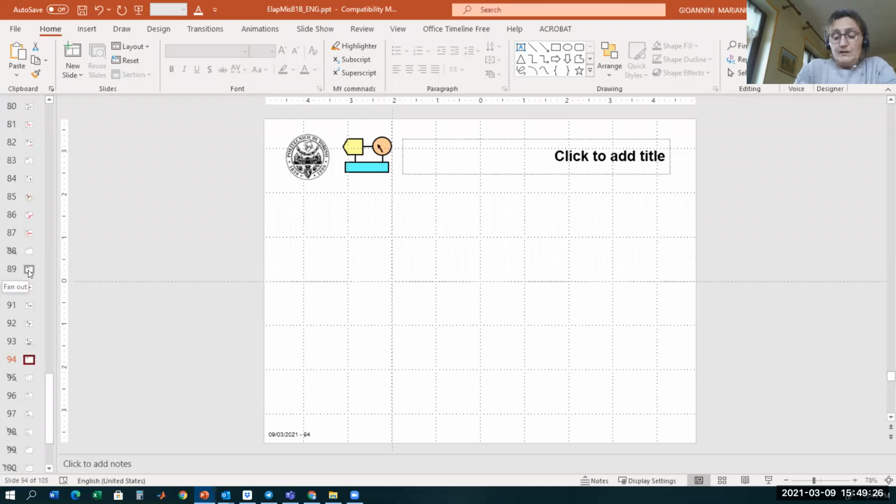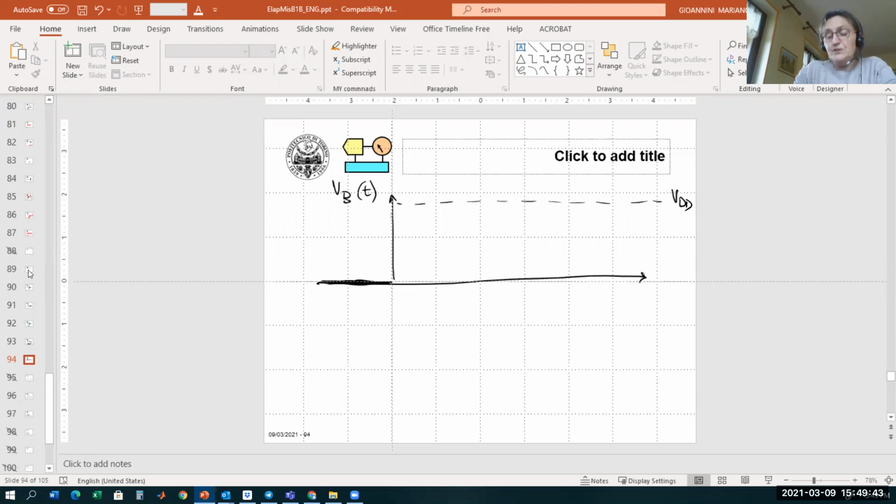which is the other possibility, is that if you want to be fast, and this is, for example, the transient of VB, of course, if you have to start from here and you have to reach VDD, which is rather high, it will take a long time because the excursion between ground and VDD, which is, for example, 5 volt, is very large.